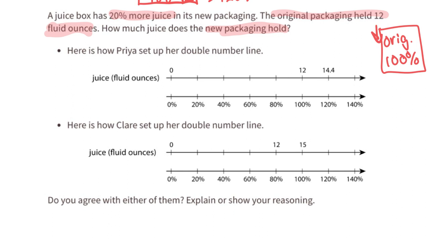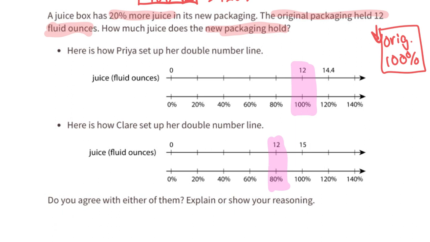Okay, so we can look at both of these number lines and say, okay, Priya actually put her original amount at 100%. So we already kind of know she's the right one here. Okay, Claire put her original, her 12, at 80%. So that doesn't actually work because 80% is not the original. The original is 100%.